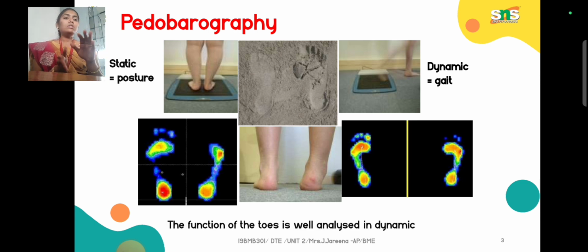Second, you can measure the dynamic range, that is when you are moving, how you place your foot on the land, whether the pressure is distributed and your body is equally balanced.